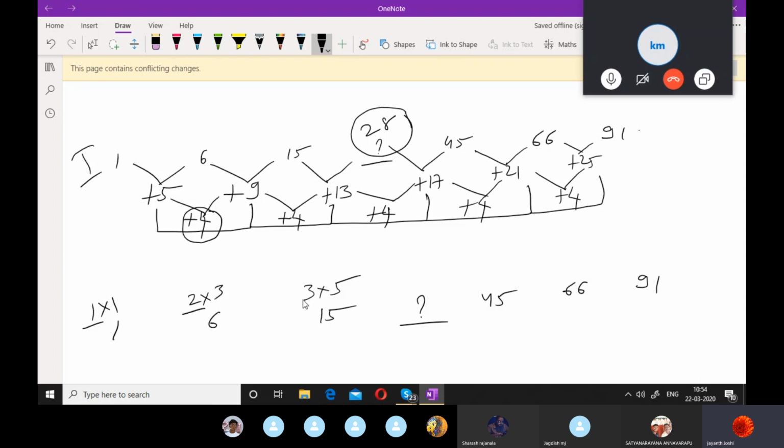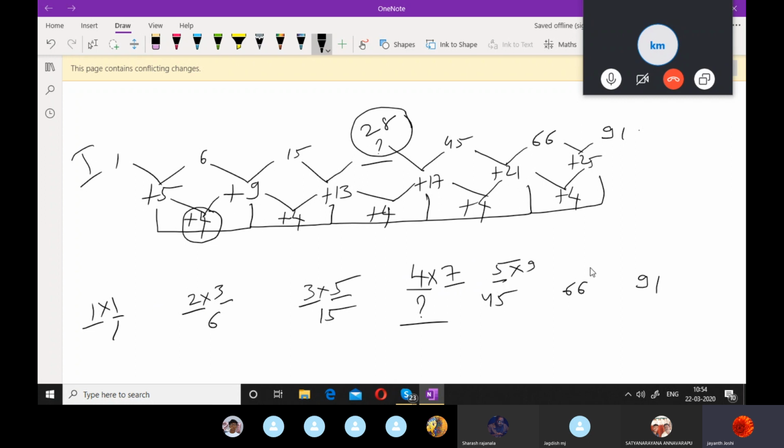So 1, 2, 3. Next one can be 4. It is general estimation, na? If it is 1, 2, 3, next one would be 4. 1, 3, 5, next one would be 7. Why? Because these are all odd numbers. So I got 4, next one would be 5. I got 7, next one would be 9.